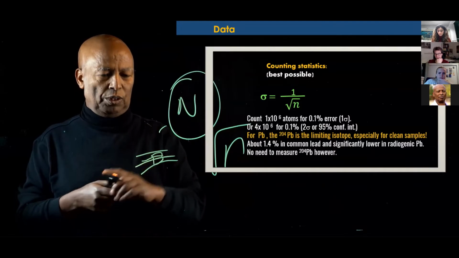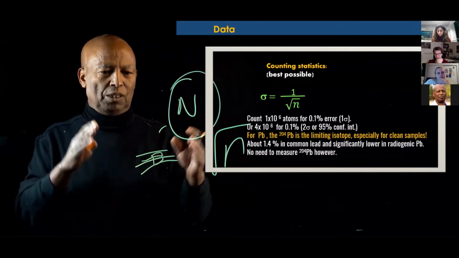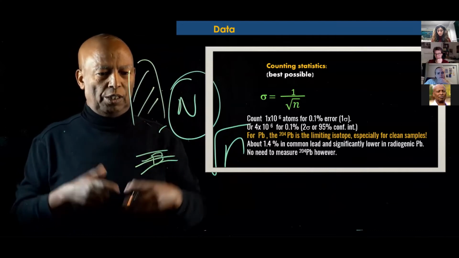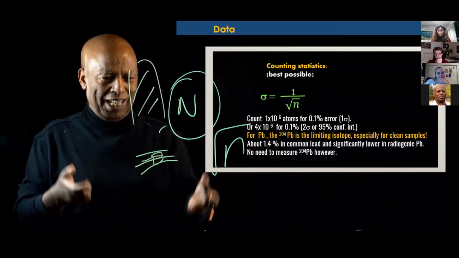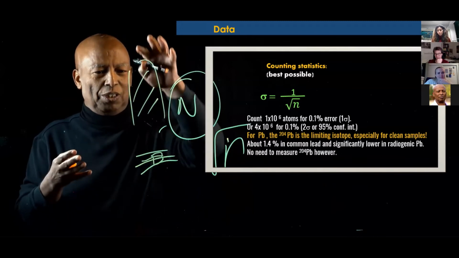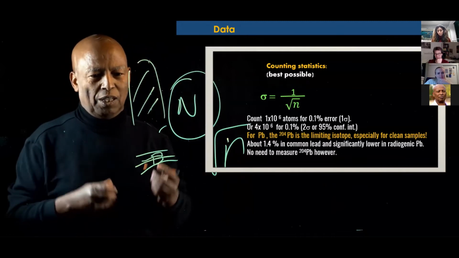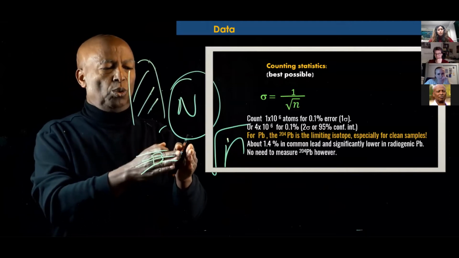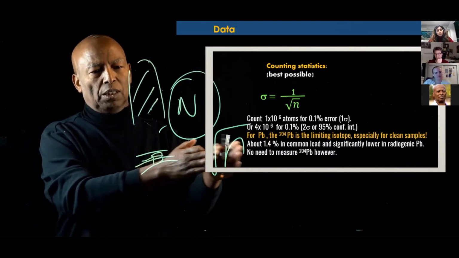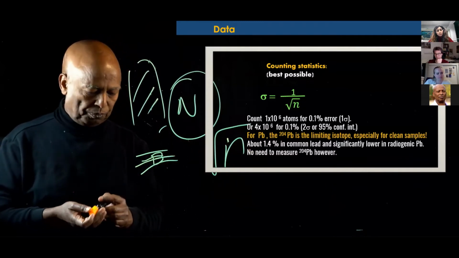The most precise but absolutely meaningless number would be to crush a whole stalagmite, get a huge amount of thorium, uranium, and lead, and get a very, very precise number, but it doesn't say much because you're sampling over a very large area. So the trick is to always have a compromise between sample size and precision.